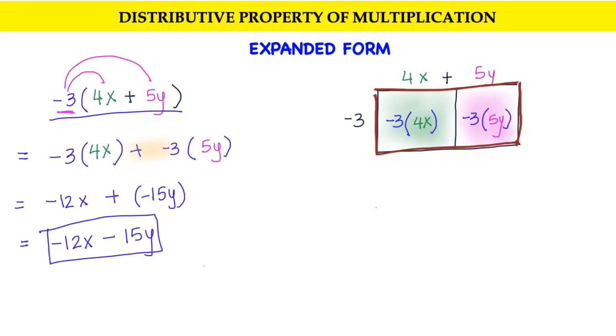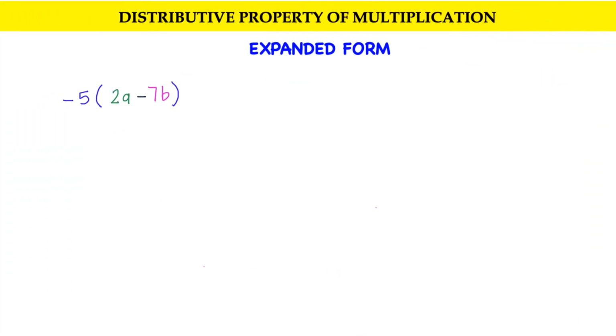Let's try another example. Before we write this in expanded form, let's represent this using the area model. So imagine that this is a rectangle and one side is -5 and the other side is 2a minus 7b. The way you would find the area of this entire rectangle is by doing length times width.